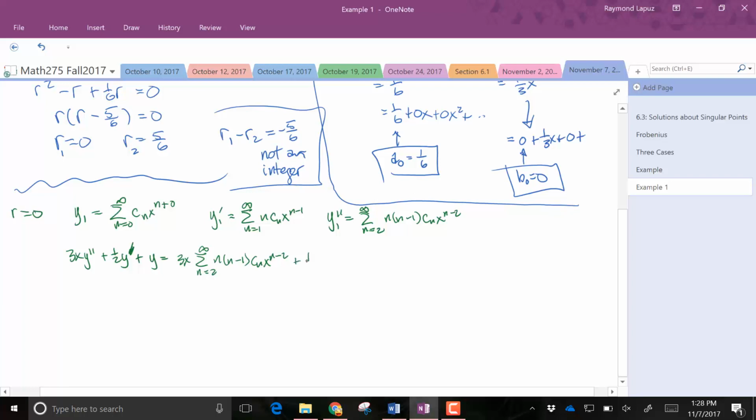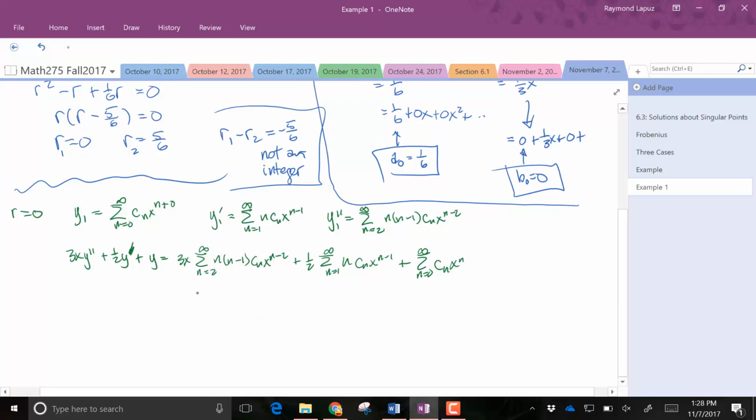Then we have a 1/2 times the first derivative, which starts from 1, of n c sub n x to the n minus 1, and then plus y, which is a series that starts at 0, of c sub n x to the n.